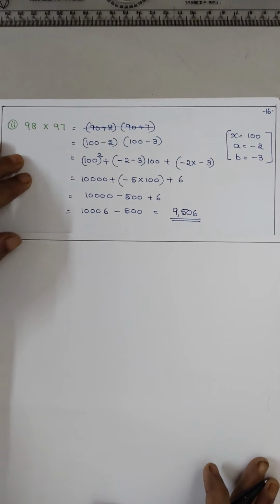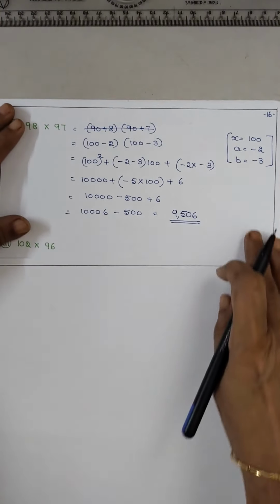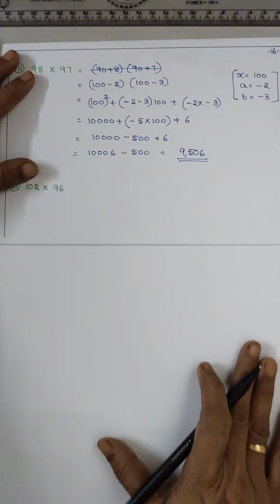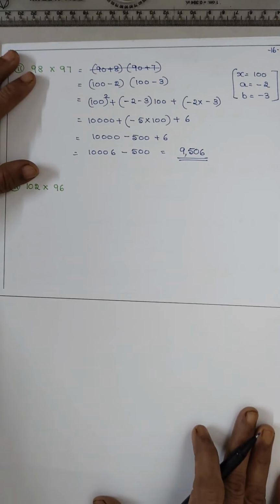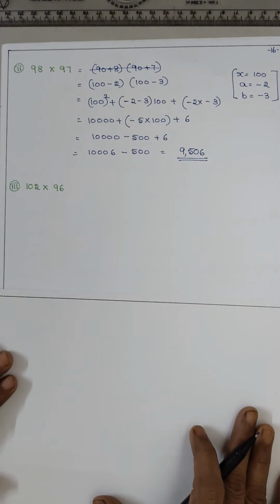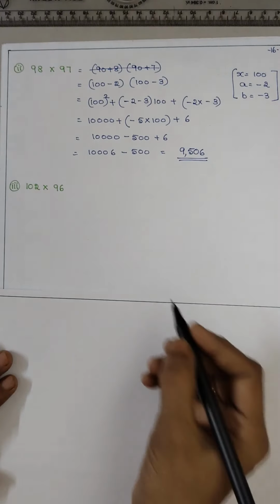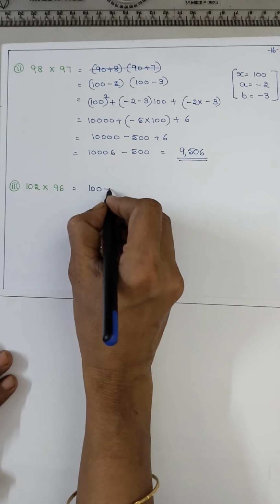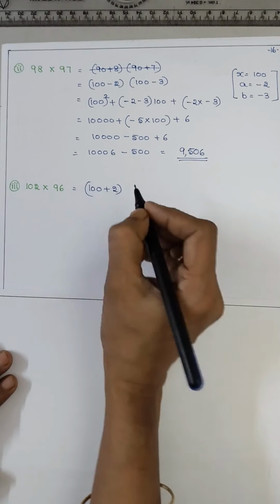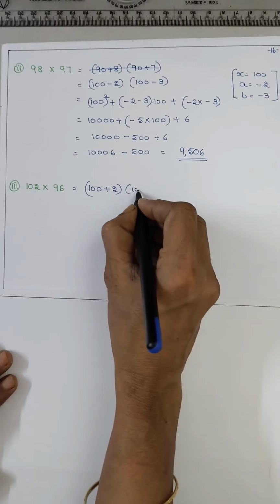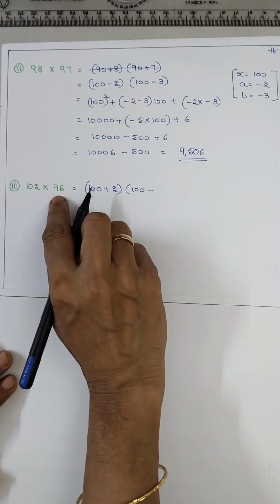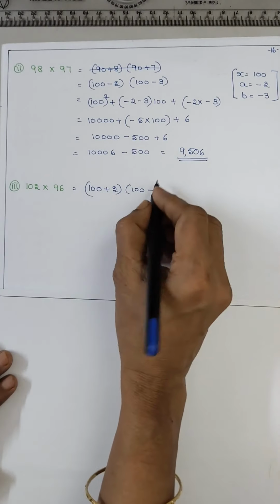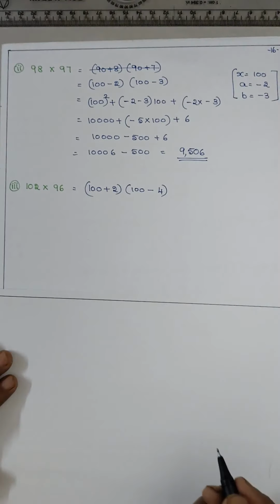Okay. Now coming to the third sum, it is 102 into 96. So here first is 100 plus 2 and second will be 100 minus 4, that is 96.